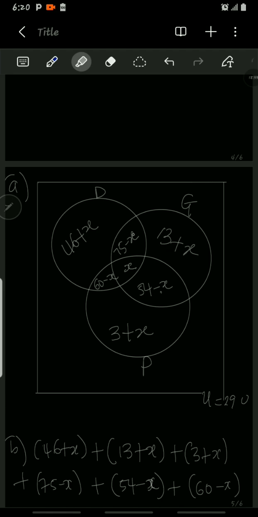So I'm adding 75 minus x plus 60 minus x plus 54 minus x, because these guys read 2 of the papers. These guys here, they read 2 of this. These guys here, they read 2 of this. So I'm adding those people that read only 2, that is exactly 2.